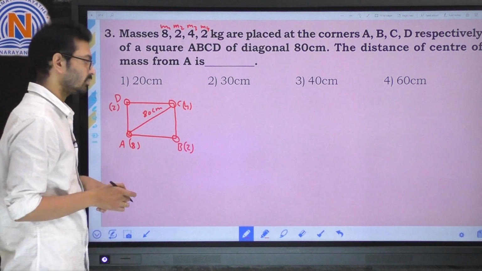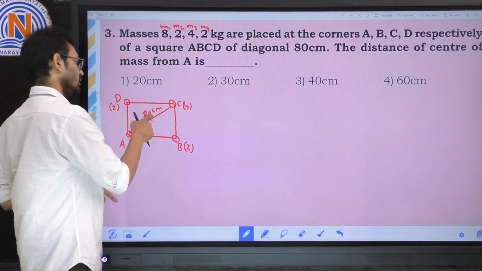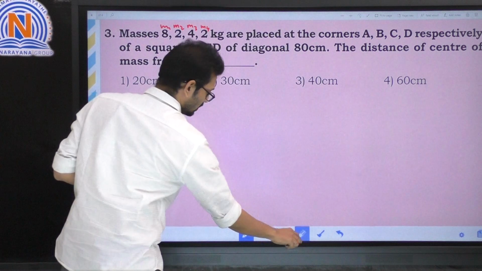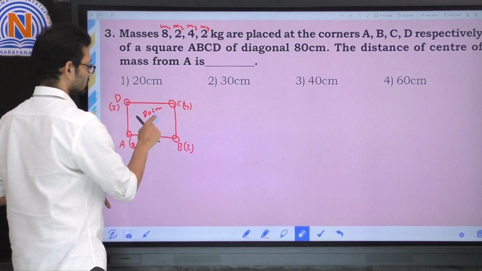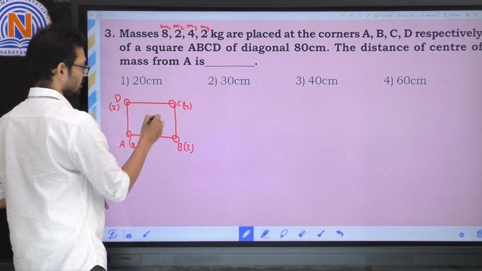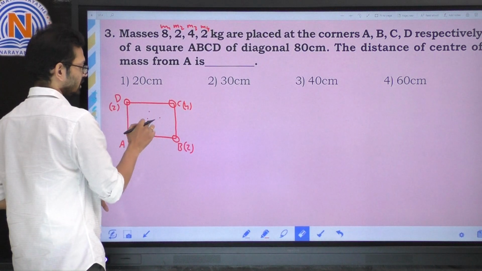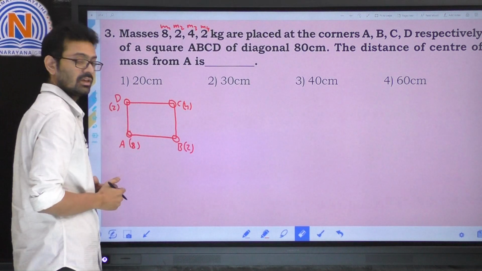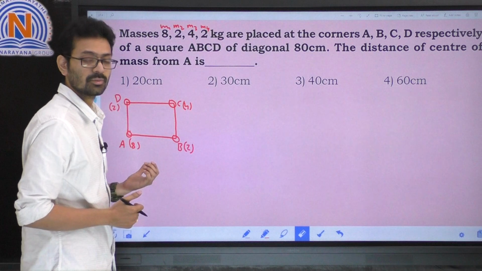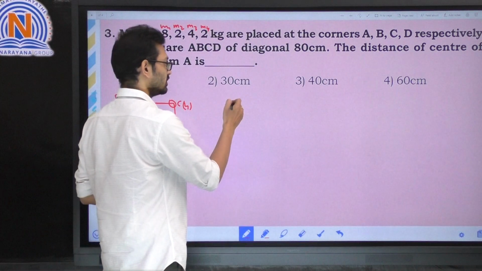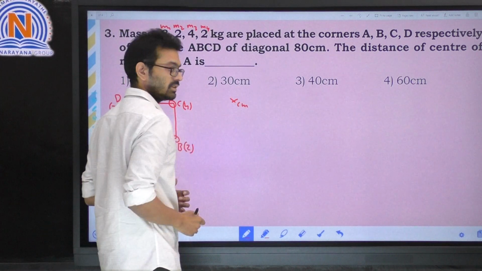The center of mass will be somewhere around here, it might be somewhere around here or here. We will try to find out the location. If you want to find the center of mass of this particular system, we have to consider x center of mass and y center of mass.